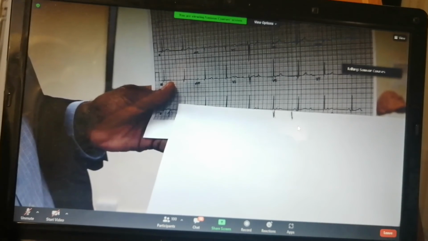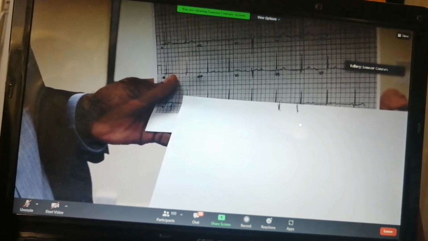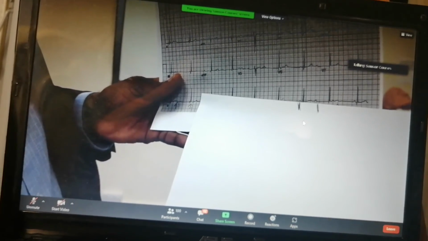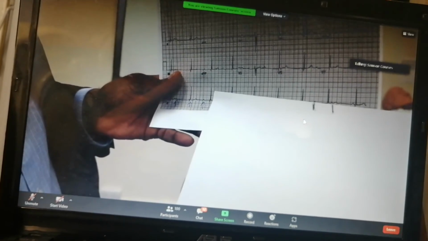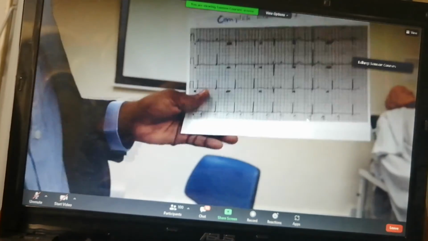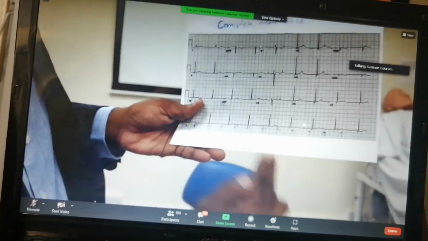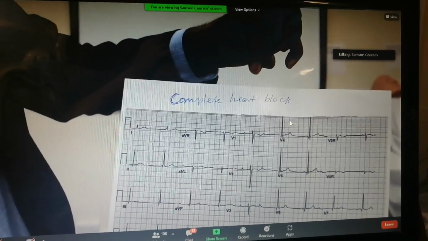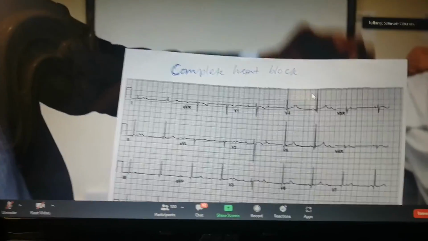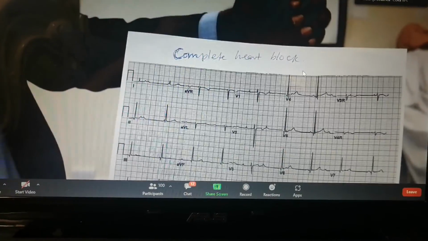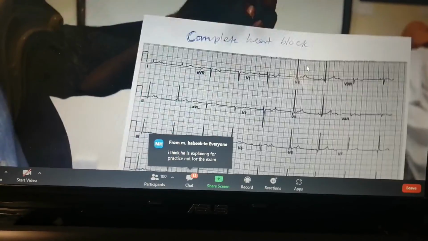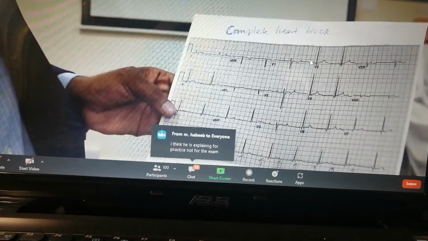There's another P wave there, as you can see. Slide to the next. Another P wave there. Slide to the next. Another P wave there. Slide to the next. Another P wave there. So we have established a pattern. The P waves are regular, but the QRS complexes are also regular. So this is a complete heart block. Regular P waves falling everywhere, and the QRS complexes are also regular. So it's a classical complete heart block.